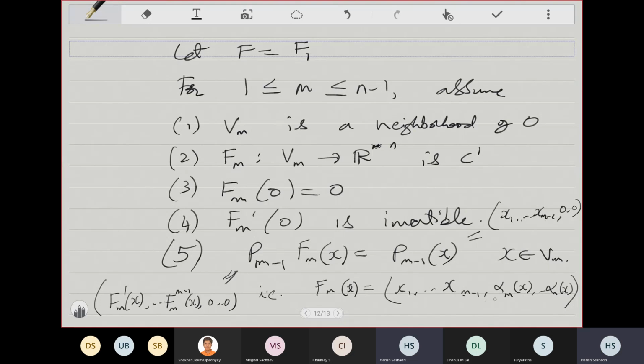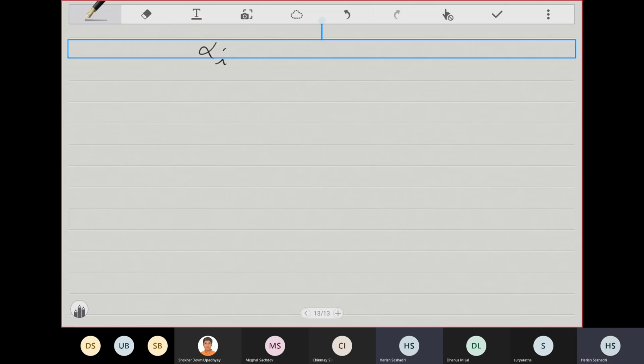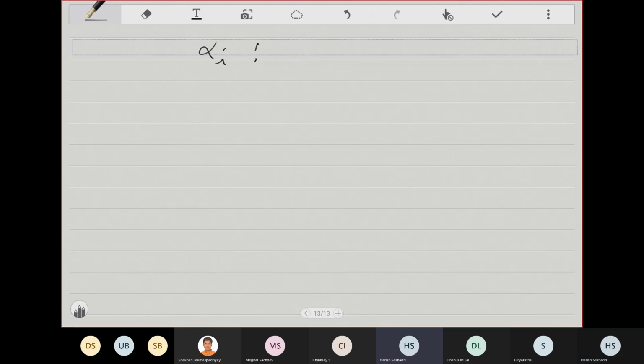The other components of fm, we have no information about. So I'll just call them alpha_i. These alpha_i are some real valued C1 functions from Vm to R.